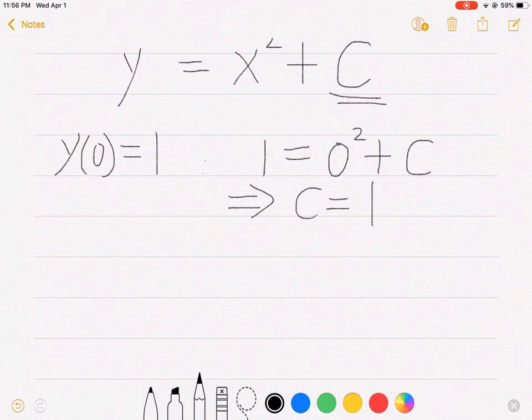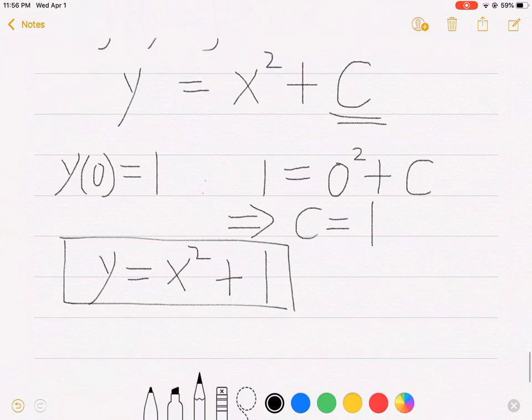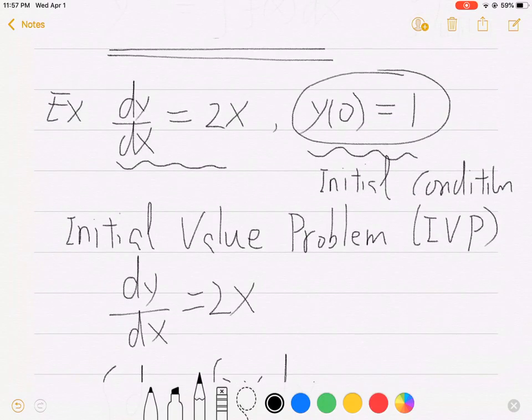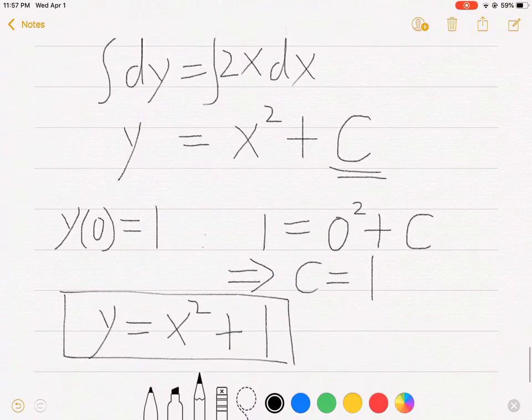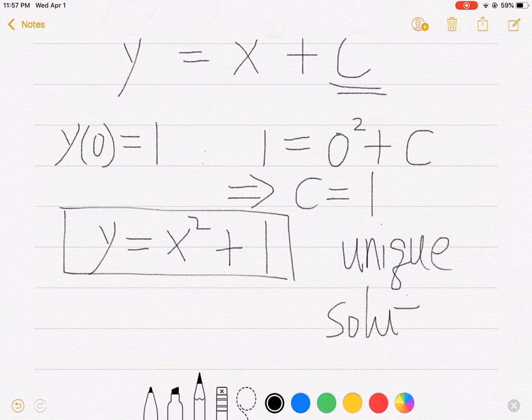So we have the result y equals x squared plus 1. This is your solution. If we have this initial condition, then we will have a unique solution.